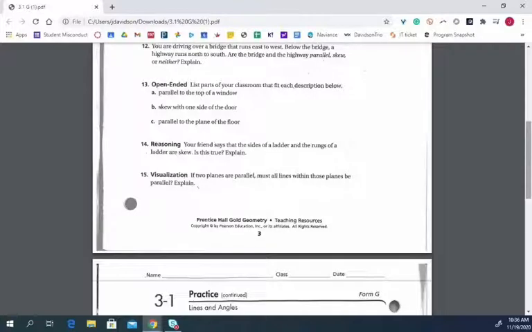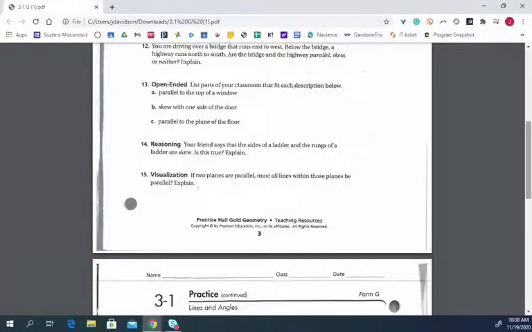So A was parallel to the top of the window. We said ceiling. Skew to the one side of the door. We said side of my desk. And then C, parallel. Oh, parallel plane to the floor would be the ceiling again.